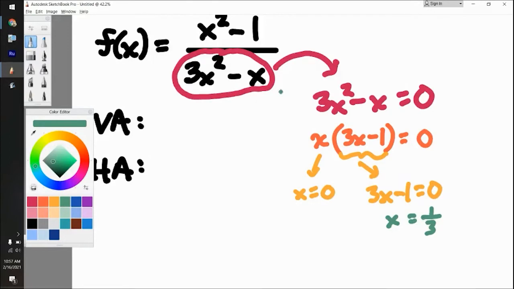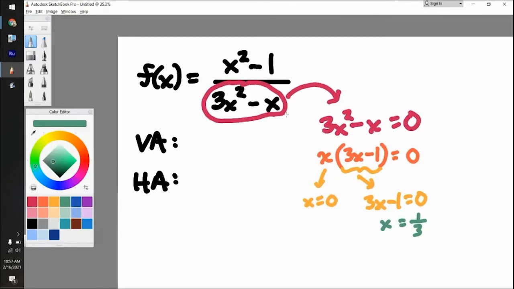So these are possible vertical asymptotes, but you have to make sure that if you plug these into the top, you don't get 0. If I plug in 0 to the top, you get -1, so that one works. If you plug 1/3 in the top, you definitely are not going to get 0 as well. So technically you have two vertical asymptotes here, 0 and 1/3.